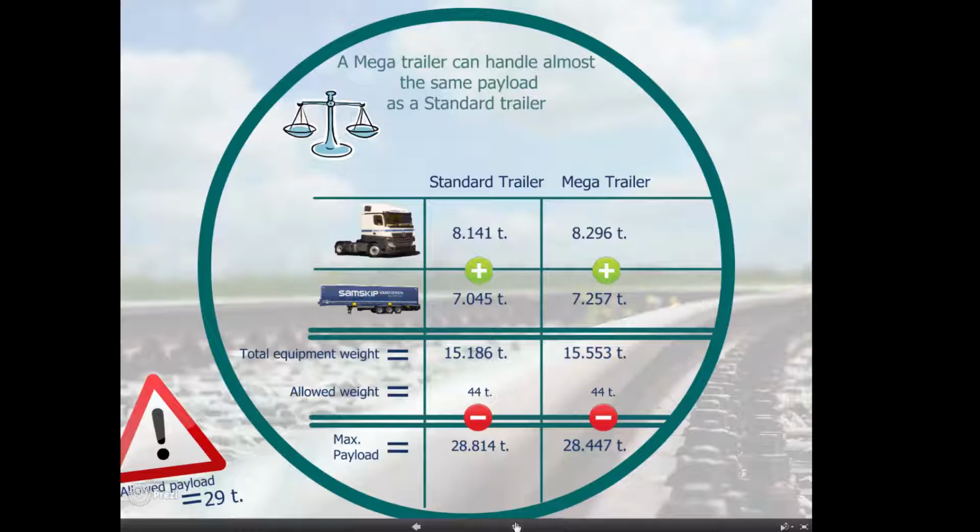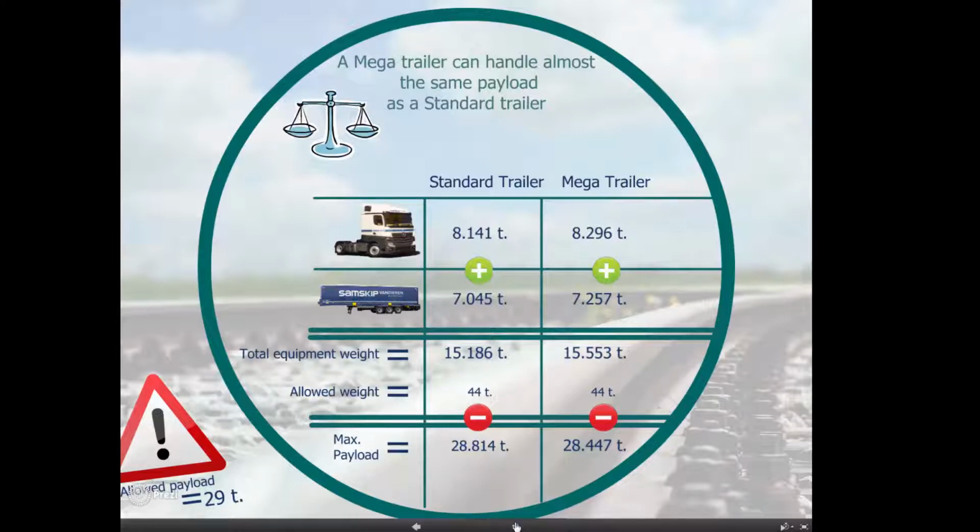The standard equipment consists of a standard truck, which is 8.141 ton, and a standard trailer of 7.045 ton. Together they weigh 15.186 tons. Maximum allowed weight on the road for the entire loaded combination is 44 tons. When we deduct the equipment weight from the allowed weight, the customer has 28.814 ton as a maximum payload.